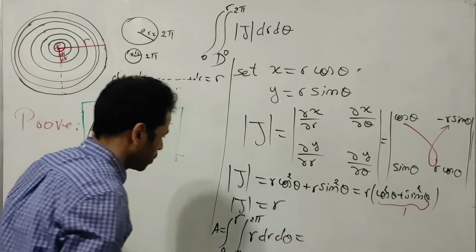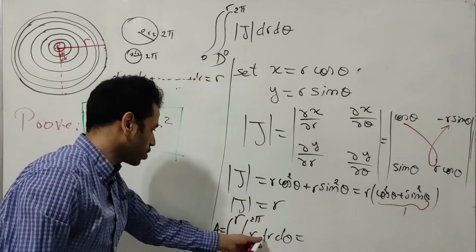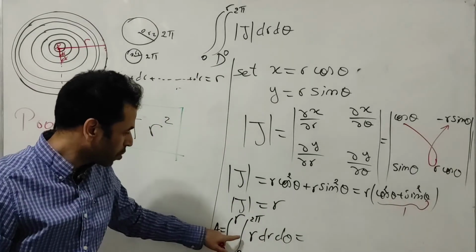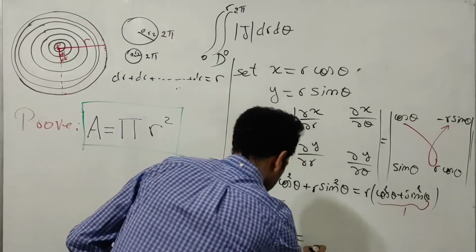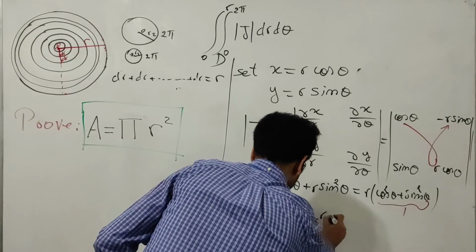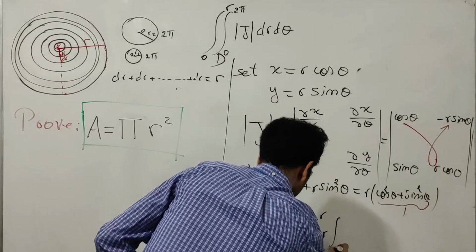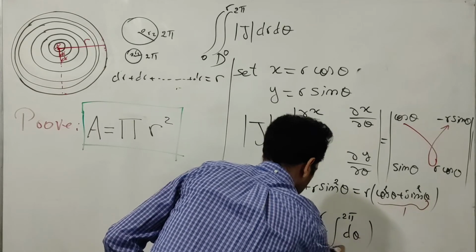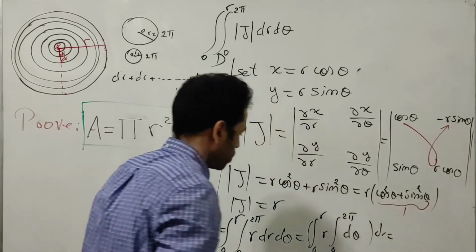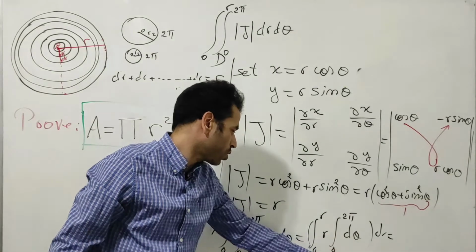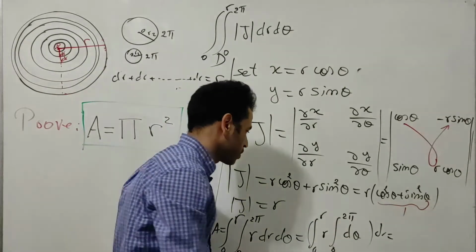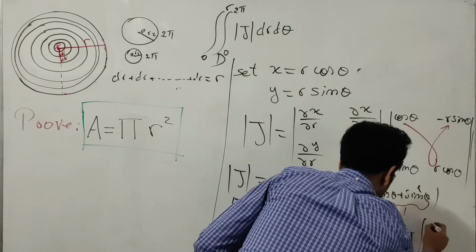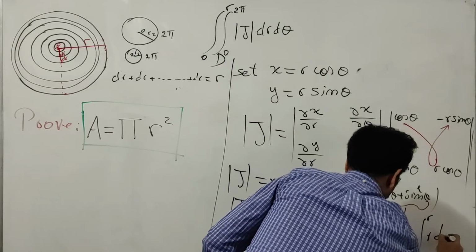Now I'm going to calculate the first integral by taking this r outside of the integral because it's not depending on theta. So we get the integral from 0 to r, and the integral from 0 to pi d theta, the whole thing with dr. Calculating this integral gives us 2 pi multiplied by the integral from 0 to r of r dr.